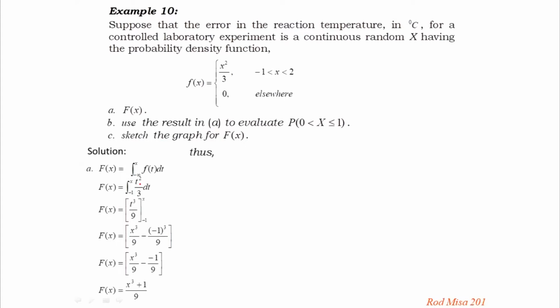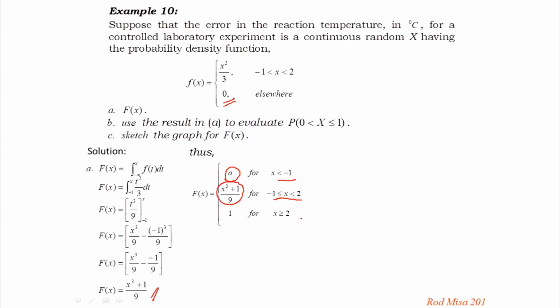Then therefore, our cumulative distribution function can be written in this way: when your random variable is to the left of the domain, which is less than -1, the probability is 0 because it's 0 elsewhere in the given. But when your random variable is from -1 to 2, we have the cumulative distribution function value of x cubed plus 1 over 9, which we solved here already.